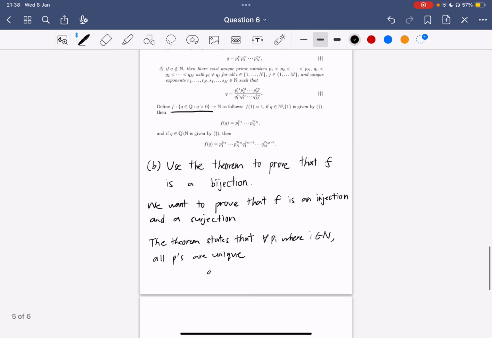So q equals p1 to r1, p2 to r2, up to pi to ri.